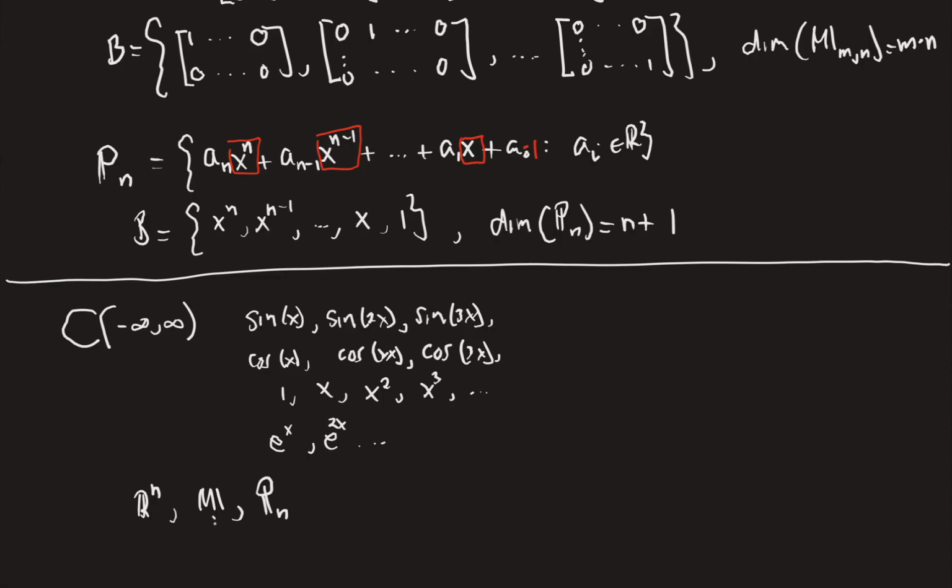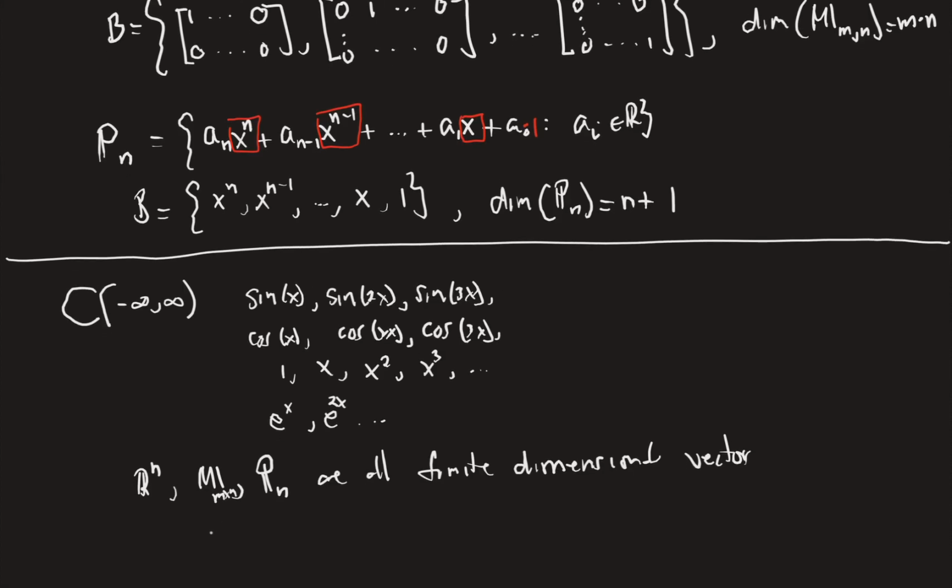So in fact, m by n. So these are all finite dimensional vector spaces, right? We like things that are finite, right? They have a finite basis, and that's why we can give a very specific form or number for their dimension.